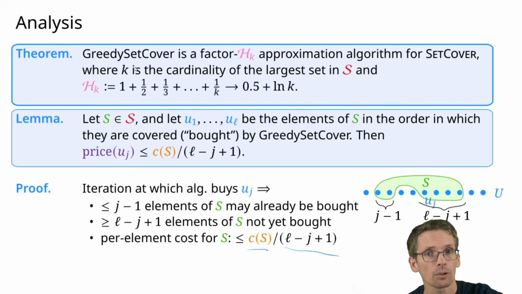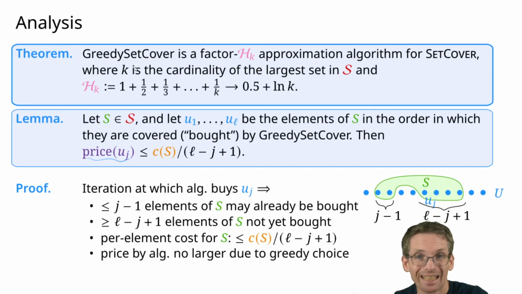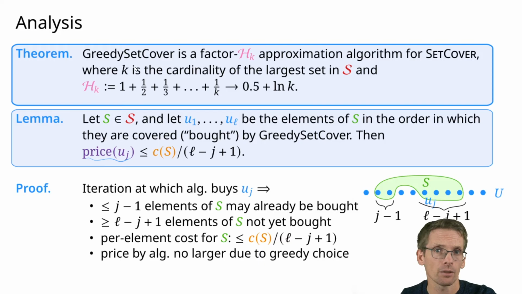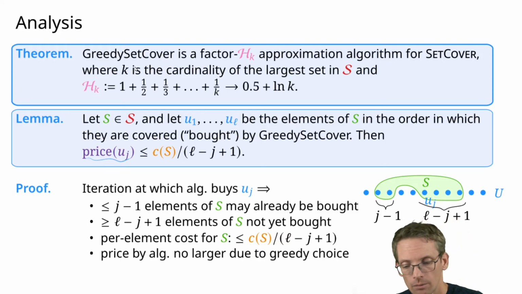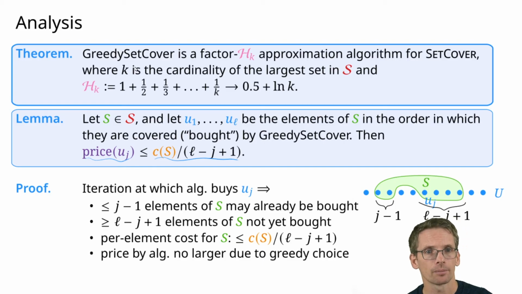Now the greedy algorithm always picks the set with the smallest per element cost, meaning that the per element cost of the set that we actually chose, which could have been S, but which also could have been another one, is at most this number. And being at most this number means that the price that I assigned to uj through the greedy algorithm is at most this number. So we've proven this lemma.